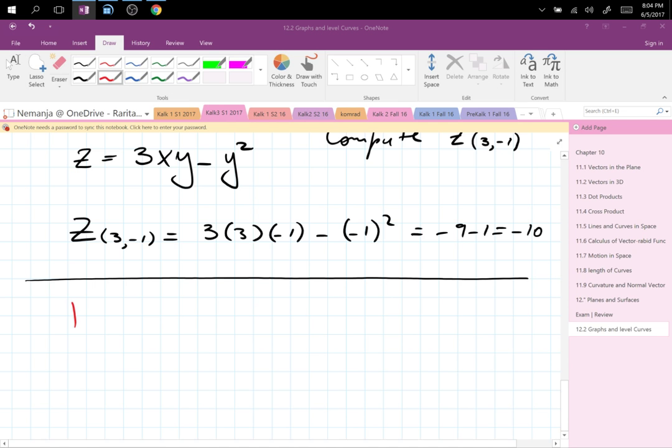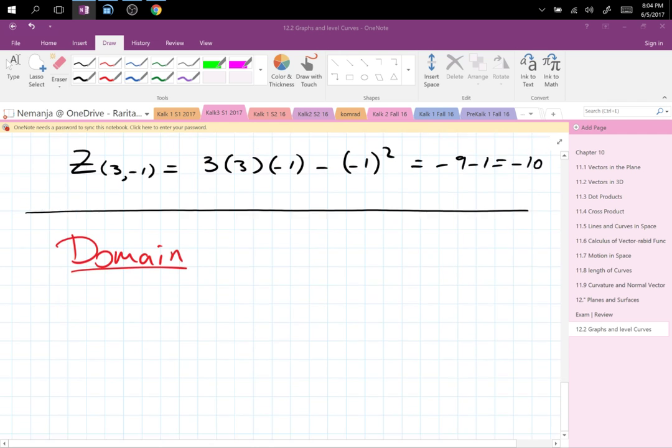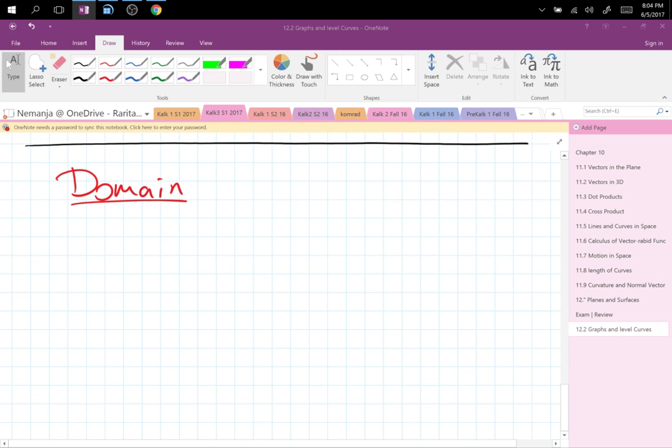The big part of this is a discussion about the domain. So what are we allowed to plug in? Well, you have to just be a little bit more careful, and you have to know the basic stuff from your pre-calculus class to navigate this easily.